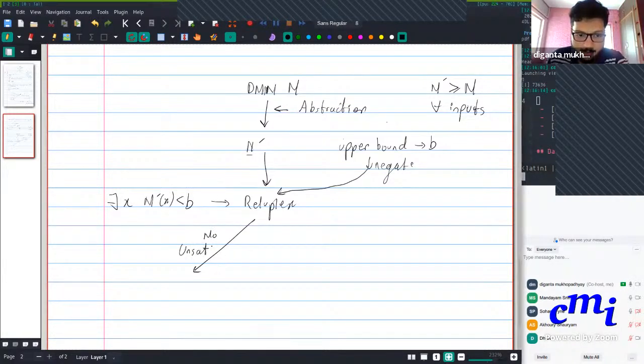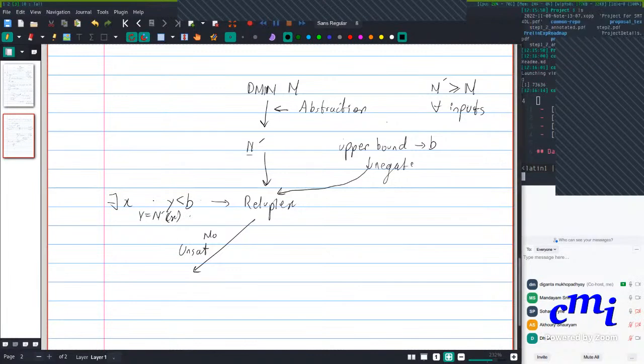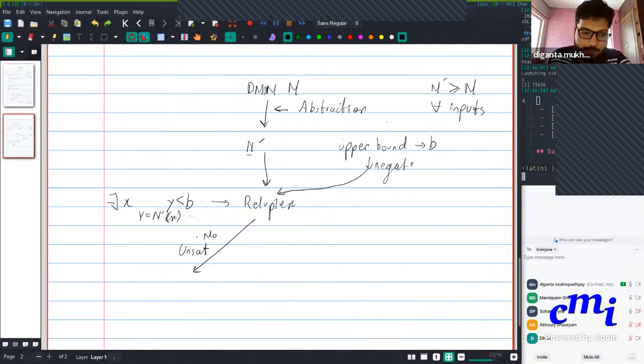You cannot satisfy that y should be less than B and y is equal to N prime of X. These two can't be true at the same time. So if it is unsatisfiable, then we know that always N prime of X is greater than or equal to B, right?